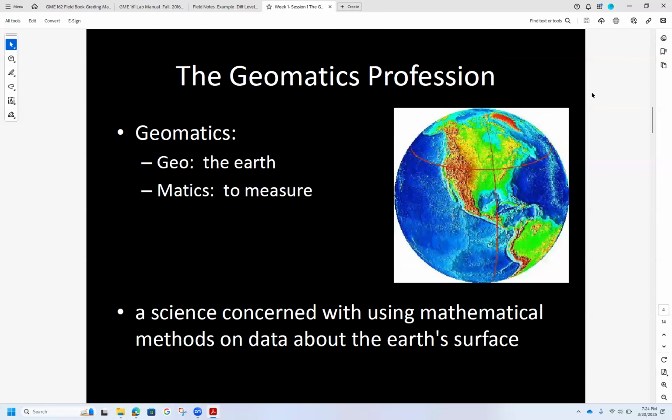All right, so the geomatics profession. Geo, earth; matics, to measure. That's what we are. We are earth measurers. For the most part, in my world, I deal with plane surveying a lot, but I also deal with geospatial because of GNSS. I do a little bit with aerial photography. I don't deal much with geodesy.